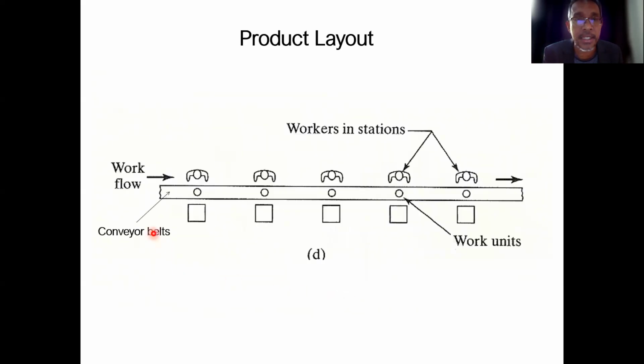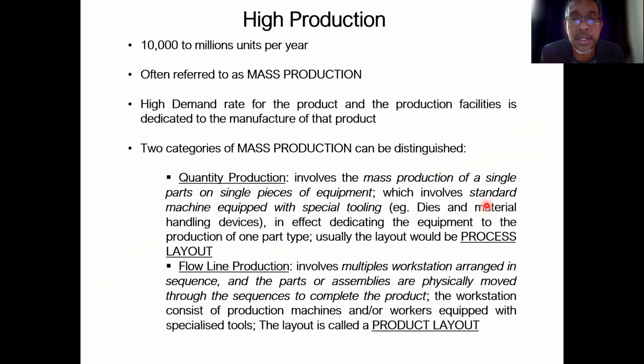This is a product layout. They just move from the U shape to a straight line. They have a conveyor, and the product will flow from here, and then we'll have the finished good here. So that is the product layout for flow line production.